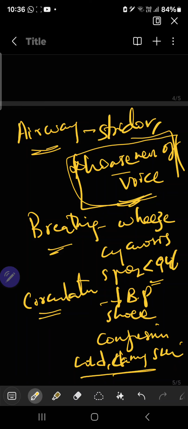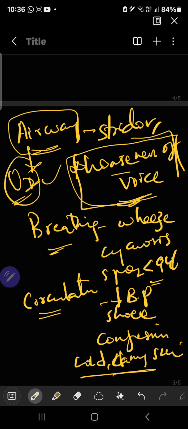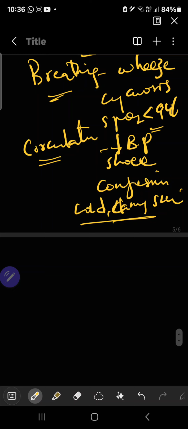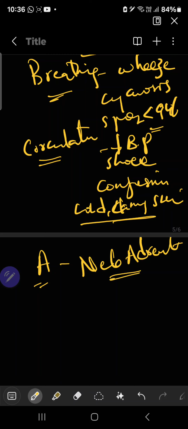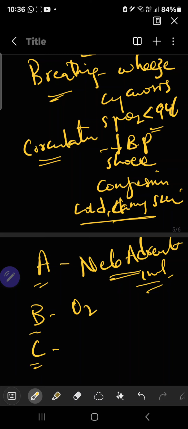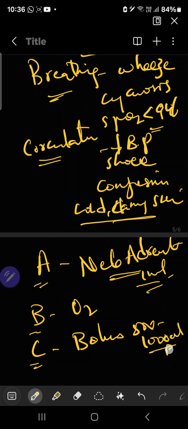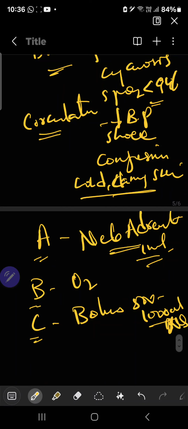So what do you do? For the airway, we will give nebulized adrenaline, 1 ml. For breathing, put oxygen. For the circulation part, give a bolus of 500 to 1000 ml, 1000 ml NS you have to give.